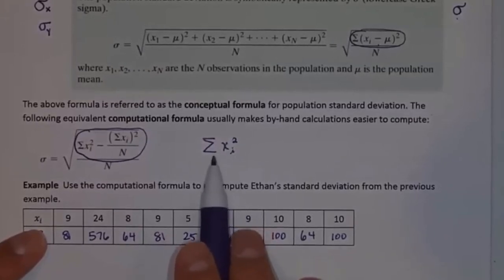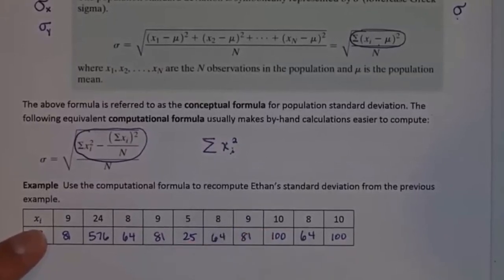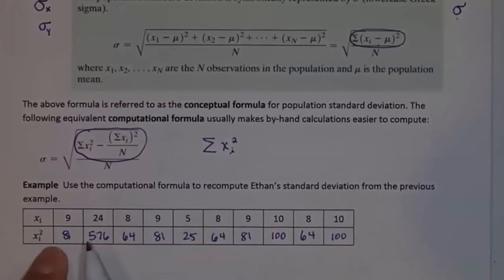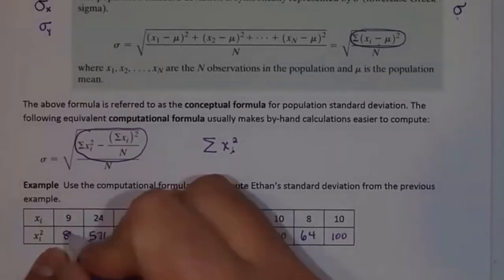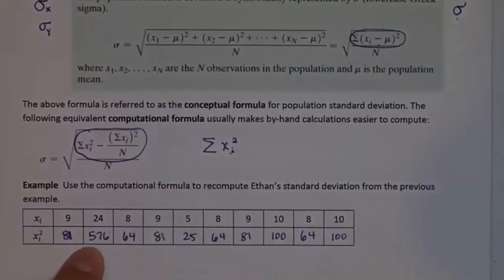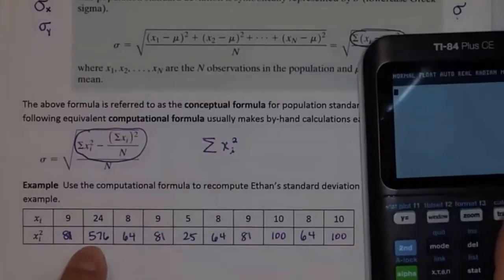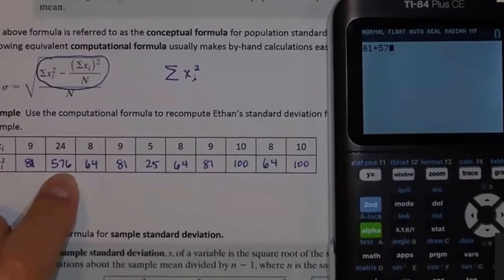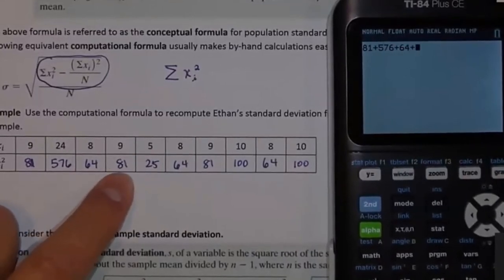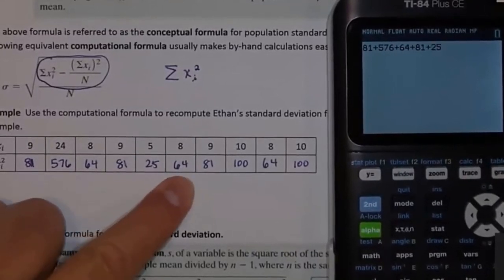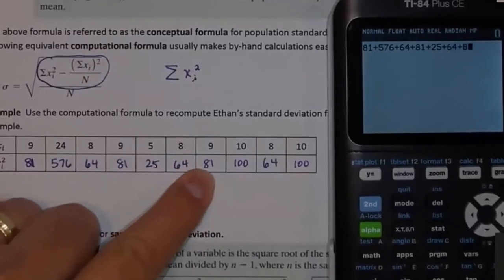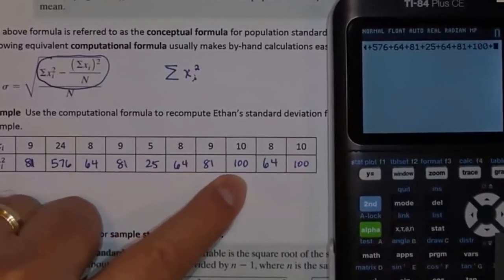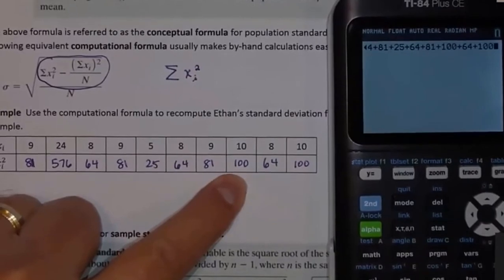So I'm taking each data value and squaring them, and then I'm going to add those up. So I'm going to add up the 81, that is 81 right there, and 576 and so on. So let me do that real quick here. So 81 plus 576 plus 64 plus 81 plus 25 plus 64 plus 81 plus 100 plus 64 plus 100.